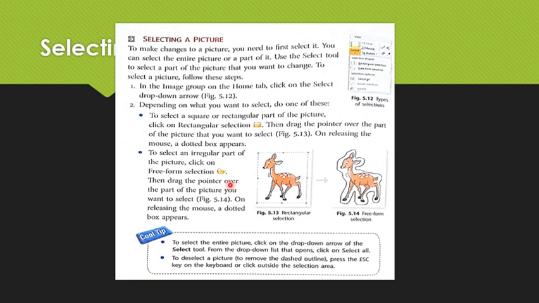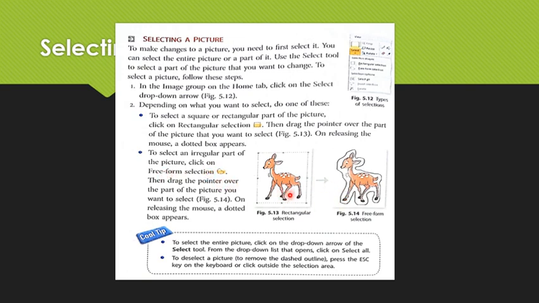For selecting a picture, on the Home tab, in the image group, click on the select drop-down arrow. Then if you want to select a rectangular part of the picture, click on rectangular selection. Otherwise, if you want to select an irregular part of the picture, click on freeform selection.